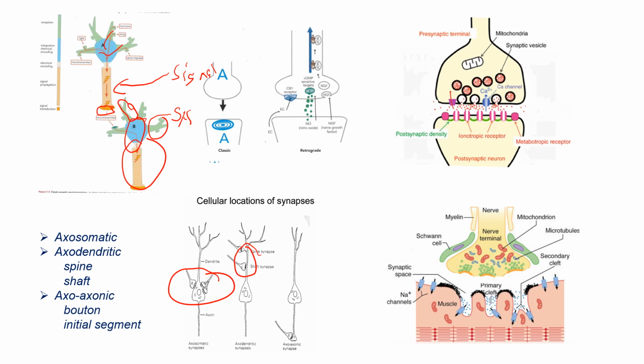So retrograde signaling is a type of signaling that is a little untraditional. I'll write retrograde down. It's like a neurotransmitter will either upregulate or downregulate itself. And how does that work?